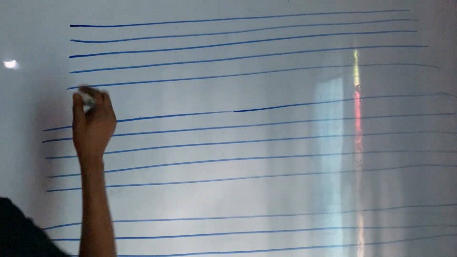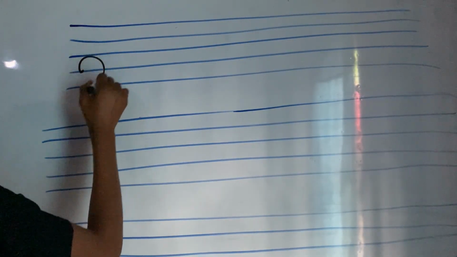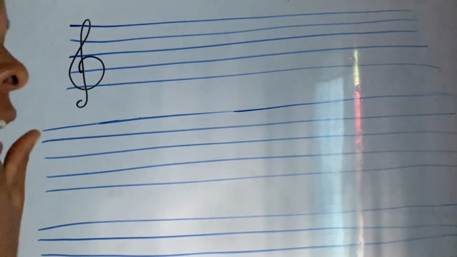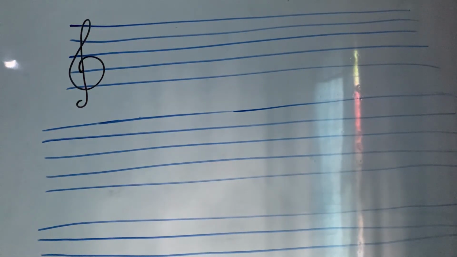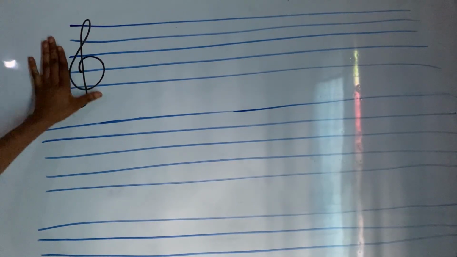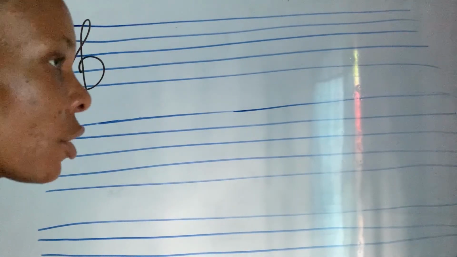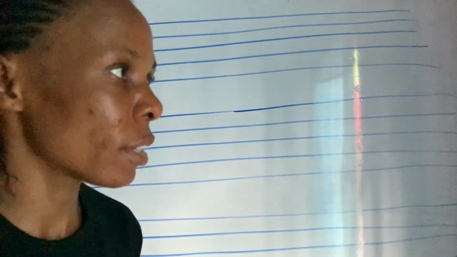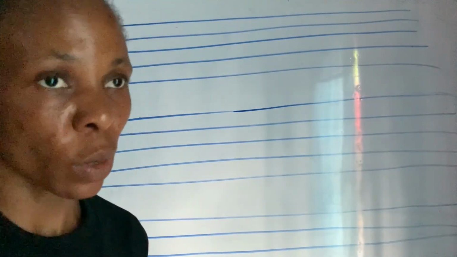Now the major key first. Let's work on G major and its relative minor. This is first the major key. When we say G major key, that means Do is the tonic, Do is degree 1.